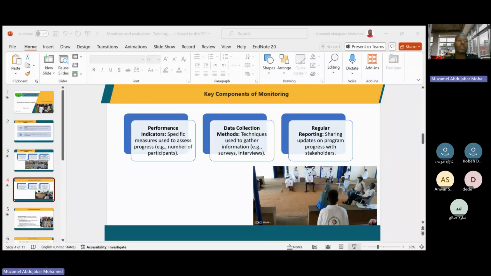For example, in our project, we are going to care for 3,000 kids or 3,000 persons during the project. This is the indicator. That means the 3,000 you have to distribute over the duration of the project.